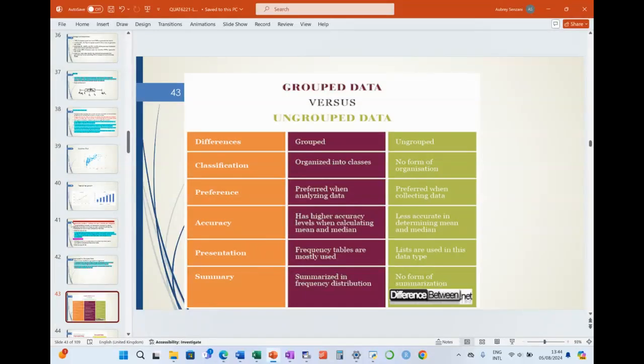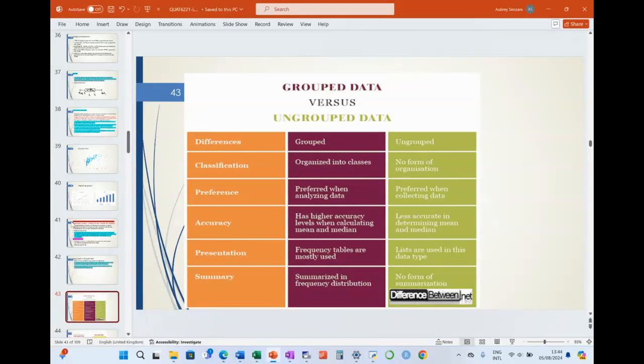Then accuracy: grouped data has higher accuracy levels when calculating mean and median, and we're going to look at that soon enough, and ungrouped has less accuracy in determining the mean and median. Presentation: frequency tables are mostly used for grouped data. We looked at quite a few frequency tables, both cumulative and regular frequency distributions.